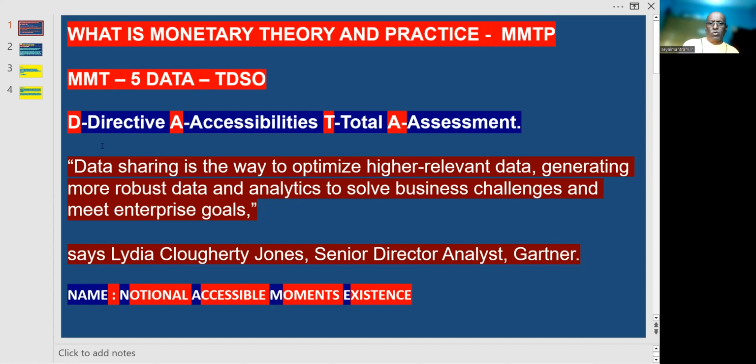So this is where I conclude my thoughts on monetary theory and practice in real terms in data. Data is nothing but direct accessibility and total assessment, and in data sharing, the trusted data sharing organization is there in the form of a bank or government or any other trusted utility for the day-to-day livelihood of human beings.